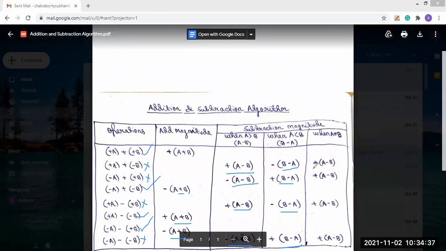So we will write A minus B, A minus B, A minus B, and in front we give only the add operation. So like this, we will prepare this table.